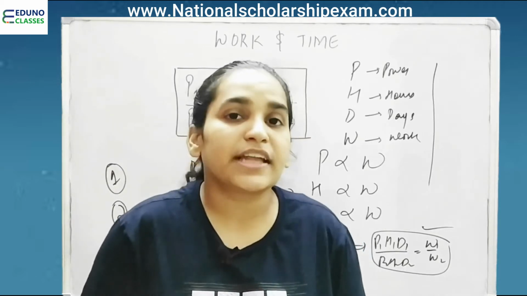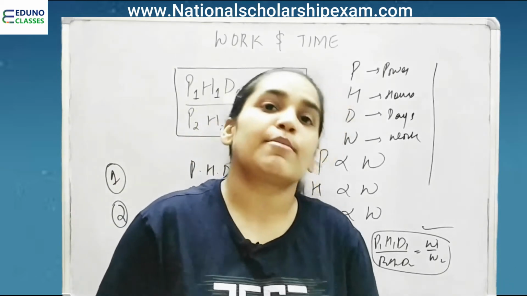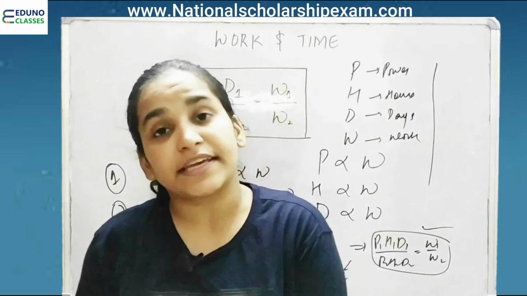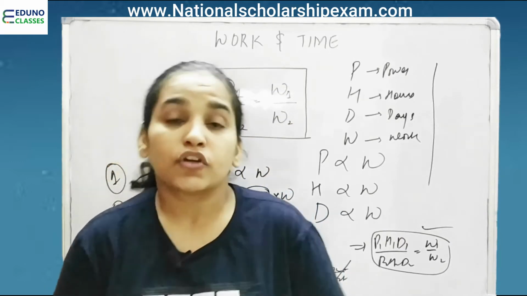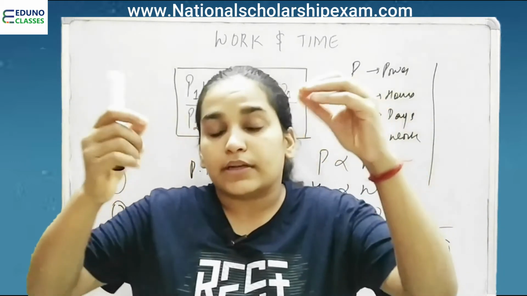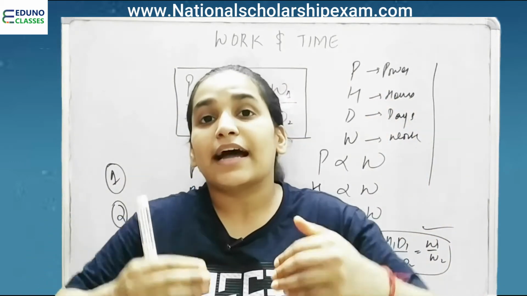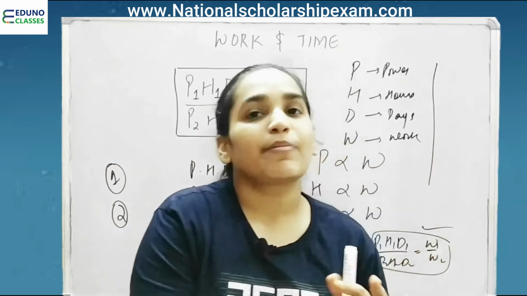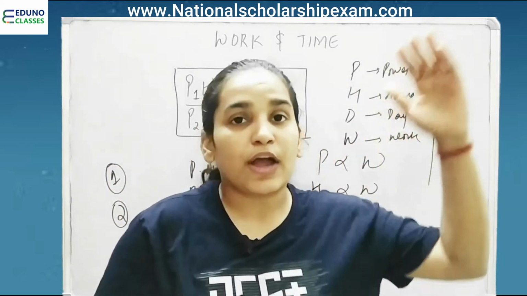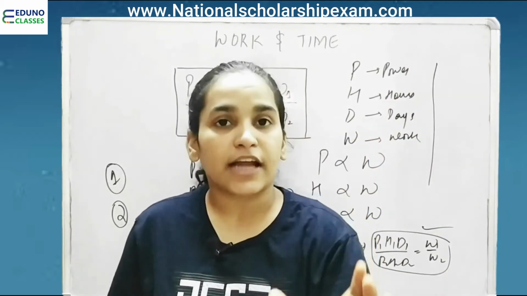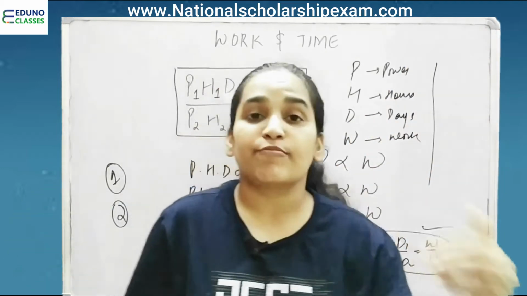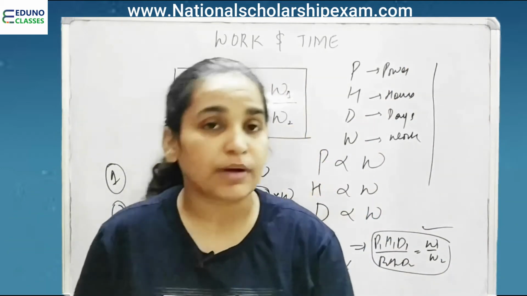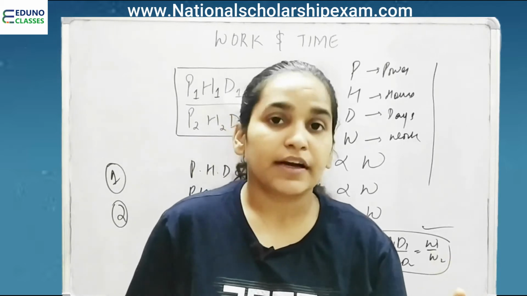That is why he or she is able to pull off the same amount of work in 3 hours, but the other one is taking 4 hours, 6 hours. So we can conclude that hours dedicated and power are inversely proportional to each other. If you have more power, you will consume fewer hours. Similarly, if you have more power, you will consume fewer days to complete the same work, right?